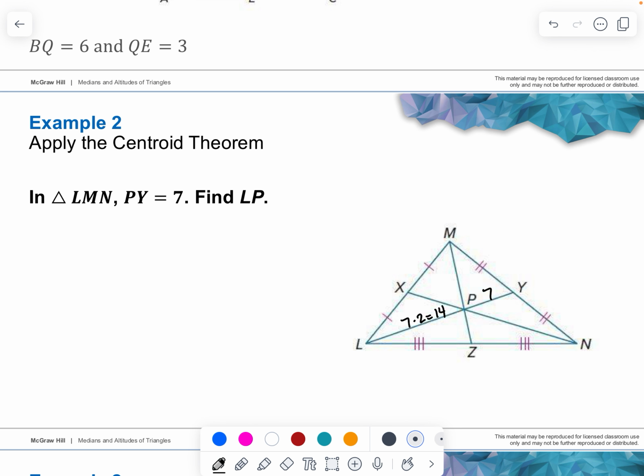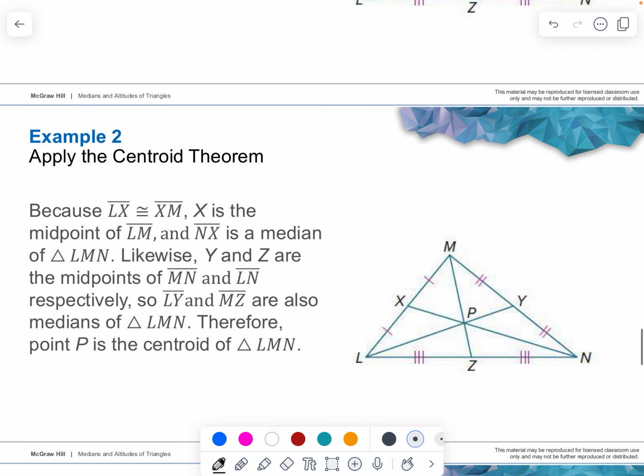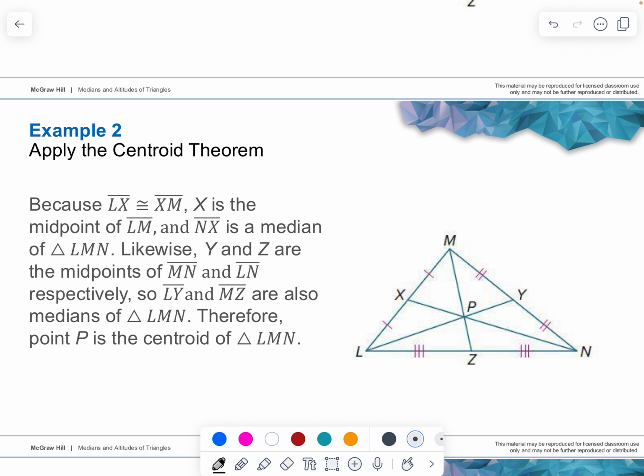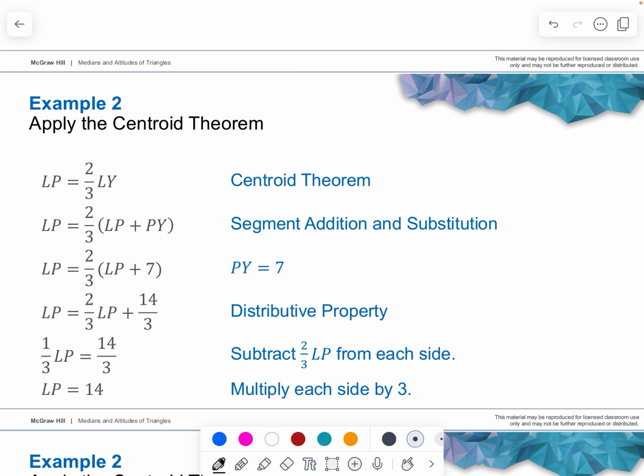It will be 14, twice as big. All right. And they write it out with a whole bunch more words. And then they do the math for us. But really, it's just going to be twice as long. 14.